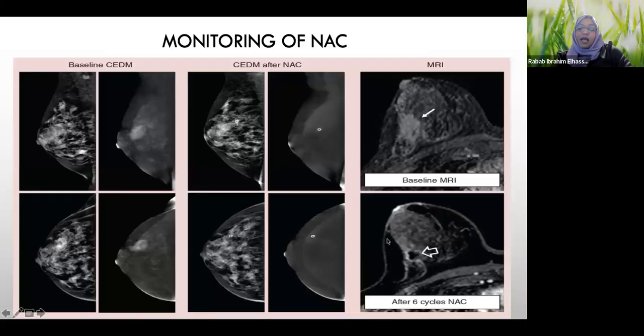Here on the MRI, you can see that there was enhancement. She has got a lot of background parenchymal enhancement, but the area of the tumor was enhancing in the baseline MRI, and now it's completely black, as necrotic or fibrosed maybe, on the post-treatment MRI, which is consistent with the contrast enhanced mammogram.